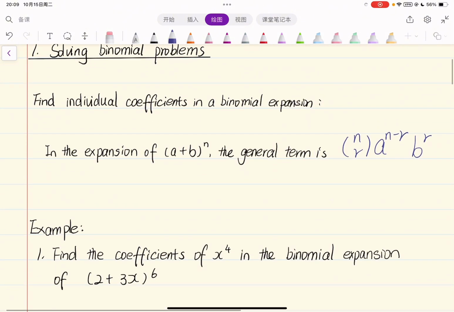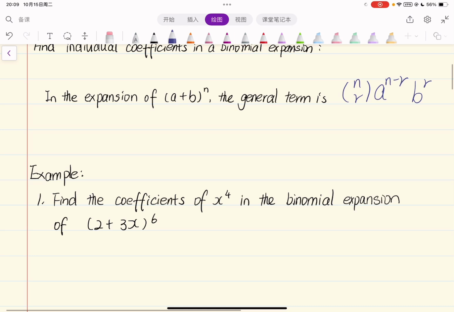Now let us see an example question. The question asks you to find the coefficient of x^4 in the binomial expansion of (2+3x)^6. From (2+3x)^6, we can define that a equals 2, b equals 3x, and n equals 6.